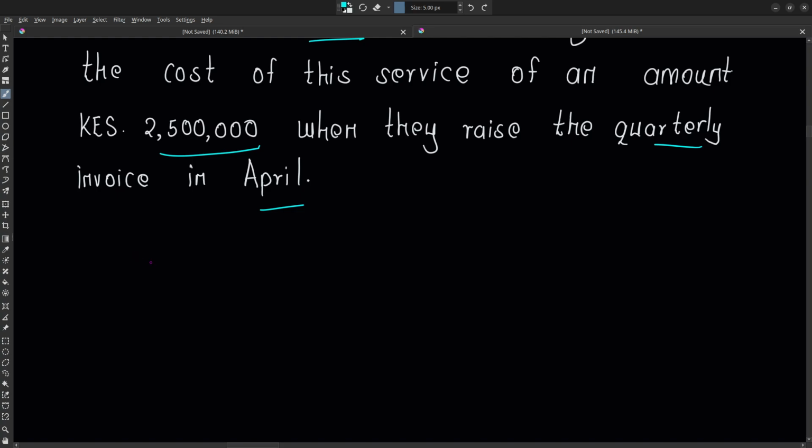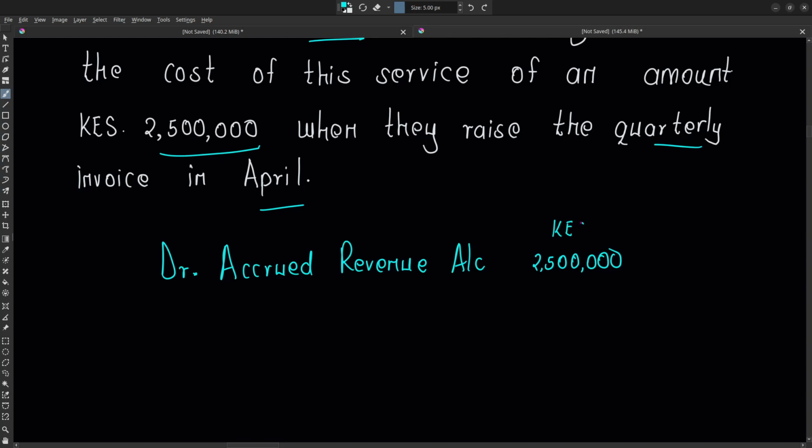The first thing is we need to recognize the accrued revenue. Remember, I mentioned accrued revenue is an asset account, and you're going to recognize 2.5 million.